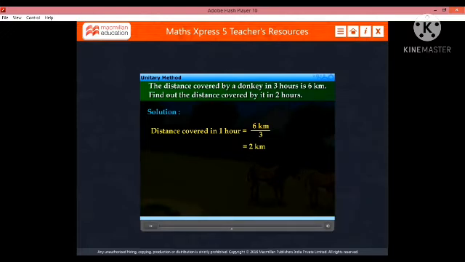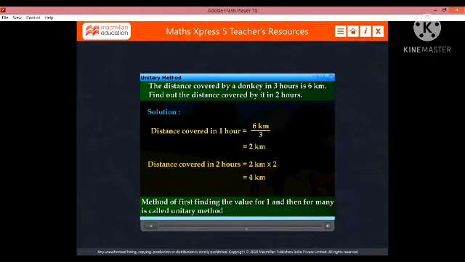Then, to find the distance covered in 2 hours, we multiply the distance covered in 1 hour by 2 to get 4 kilometers. This method of first finding the value for one and then for many is called unitary method. We use this method in our day-to-day life also.